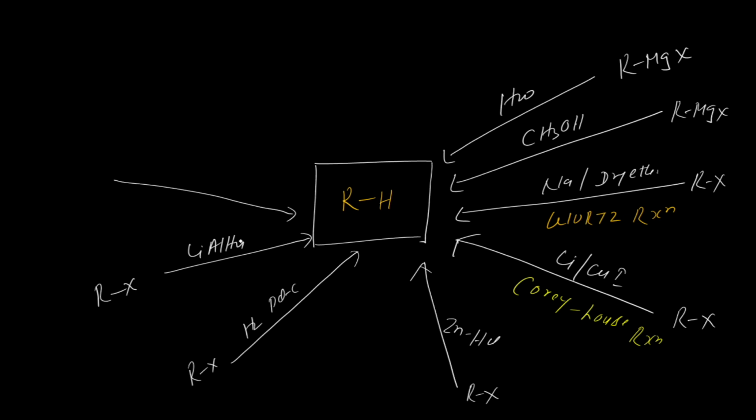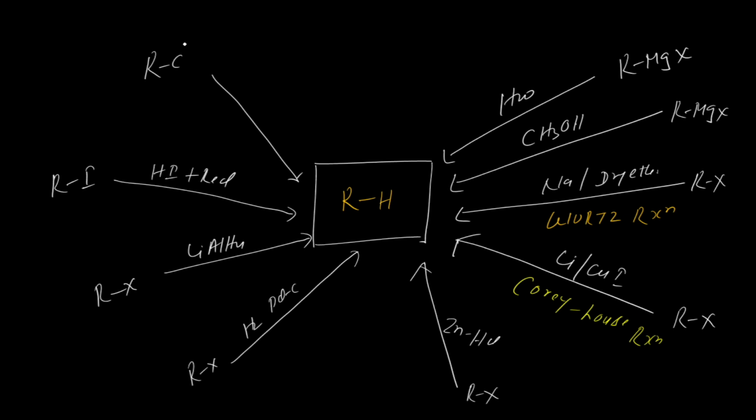Now we can also use the alkyl iodide with hydrogen iodide plus red phosphorus. So it will also give you what? Alkane.